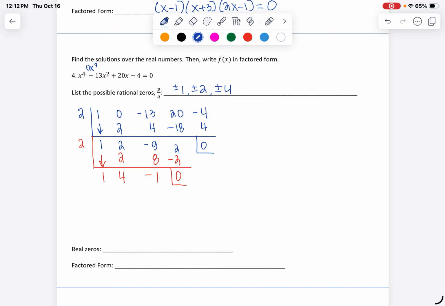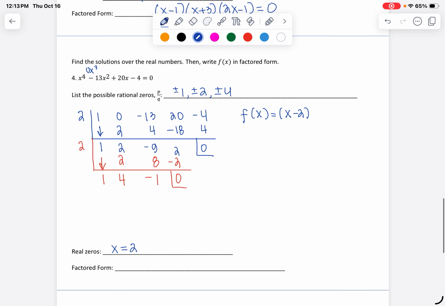Okay, so 2 is a 0 twice. We list it once, but we are going to write it as a factor twice. So we have f of x equals x minus 2 is a factor. It repeats, so I'm going to put squared.